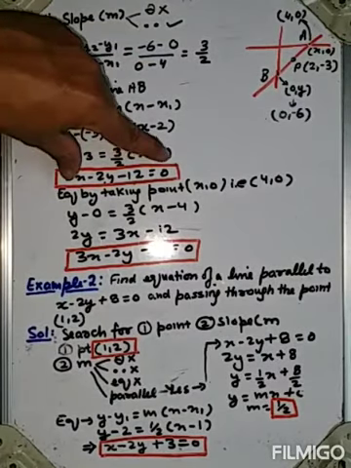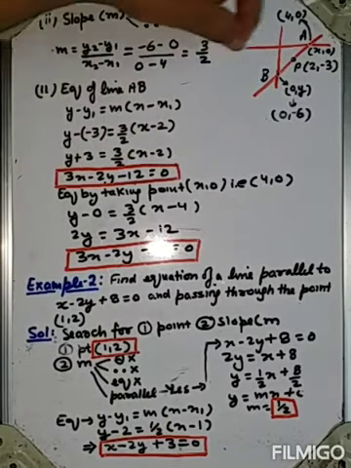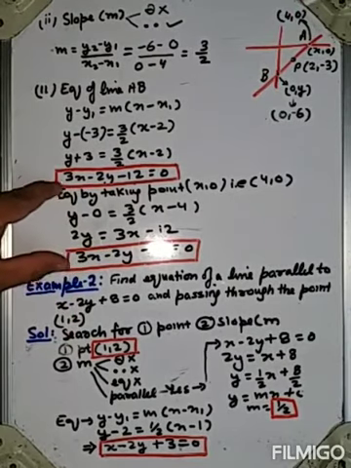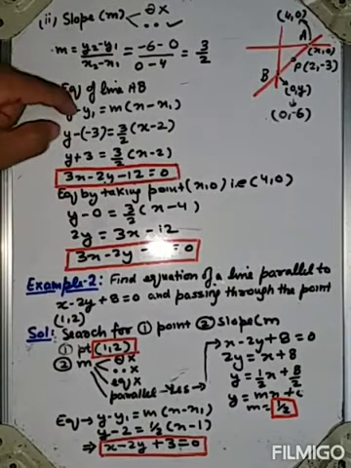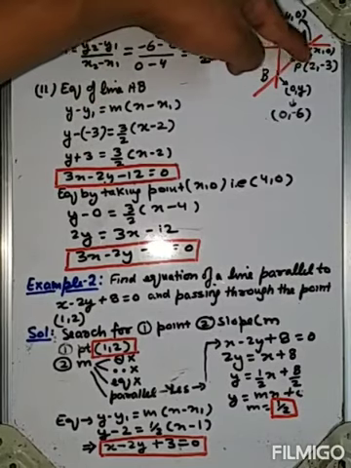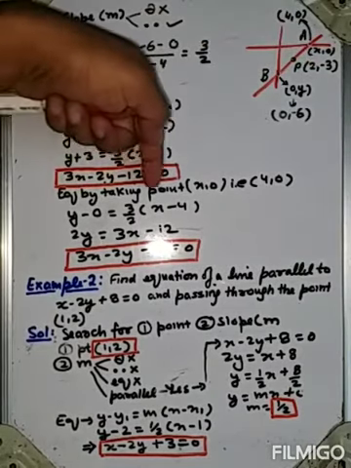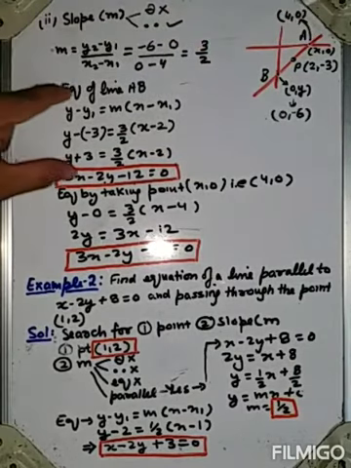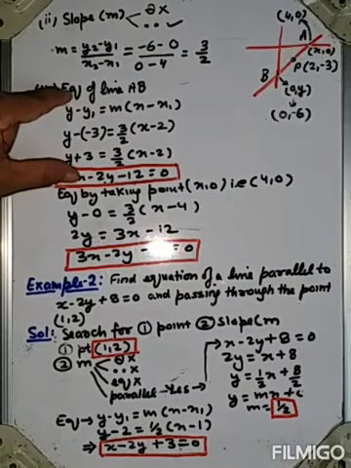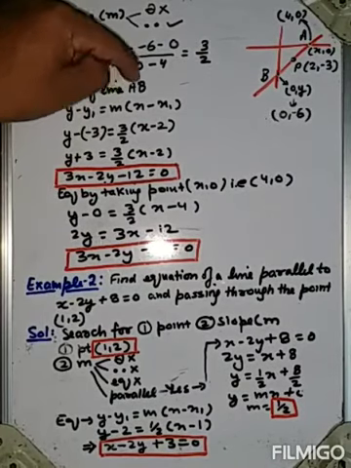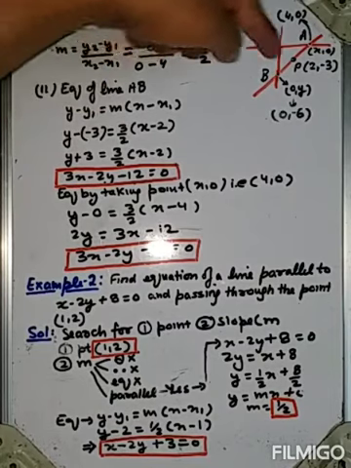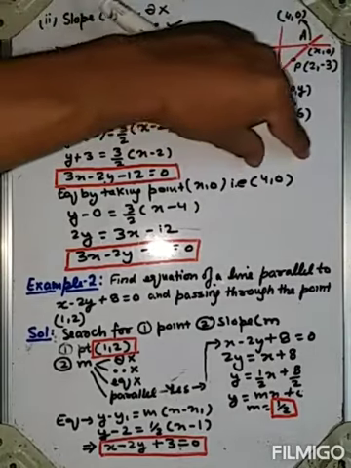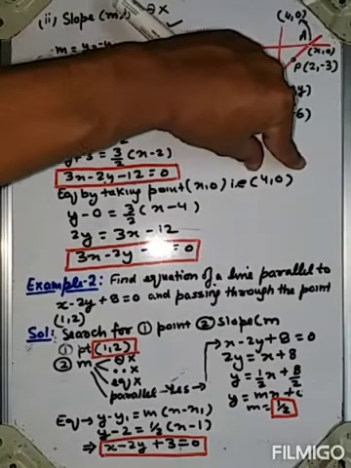Now I will show you that you get the same answer by taking any other point also. Right now I have taken x1, y1 as the point 2 comma minus 3. But now I am taking the point 4 comma 0 to find the equation of the line.